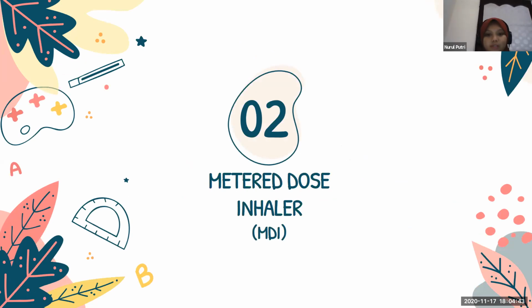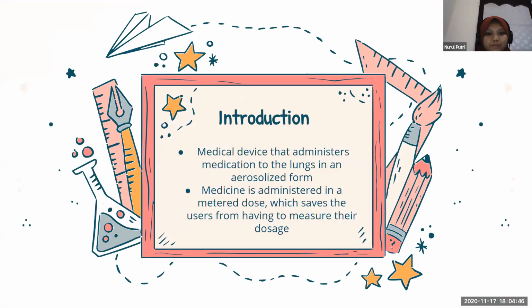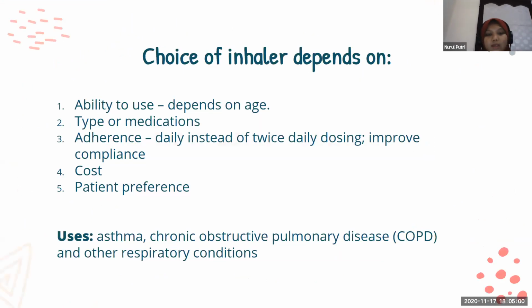Moving on to the metered dose inhaler, MDI. It is a medical device that administers medication to the lungs in an aerosolized form, and the medicine is administered in a metered dose, which saves users from having to measure their dosage. The choice of inhaler depends on the ability to use the inhaler.